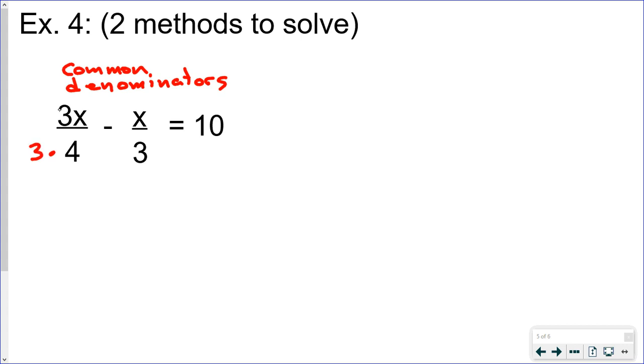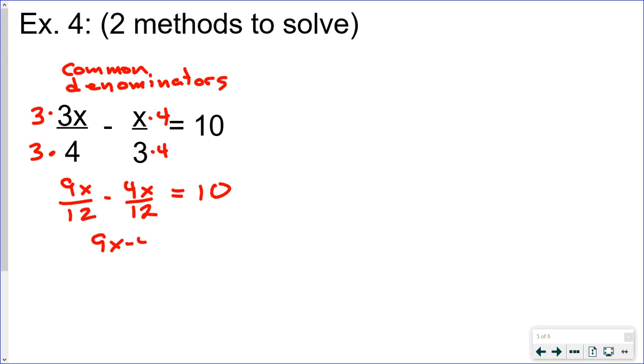If I multiply the denominator by 3, I have to also multiply the numerator by 3. And over here, I'm going to multiply the top and the bottom by 4. So that's going to give me 9x over 12 minus 4x over 12 equals 10. And then I'm going to bring this together, and I'm going to write it like this. 9x minus 4x over 12 equals 10.